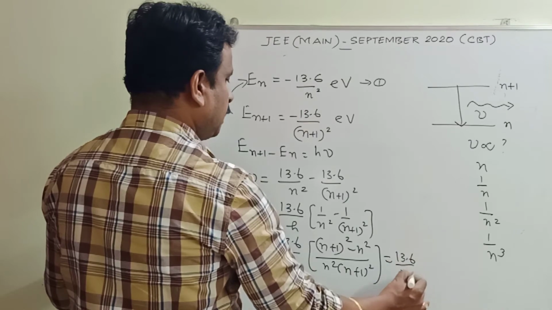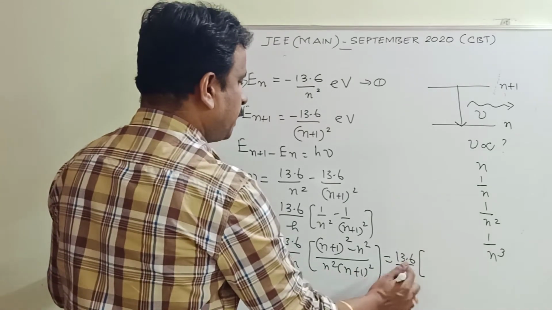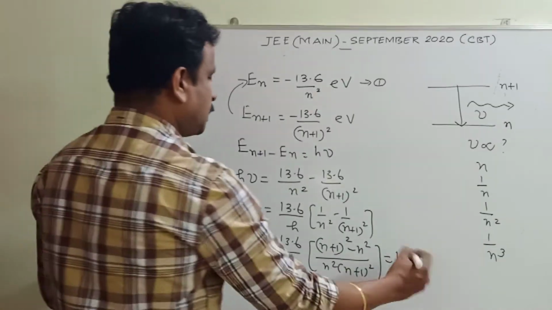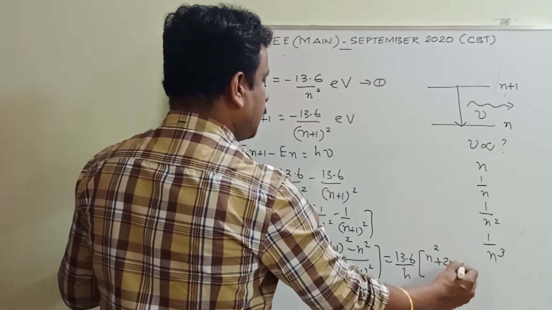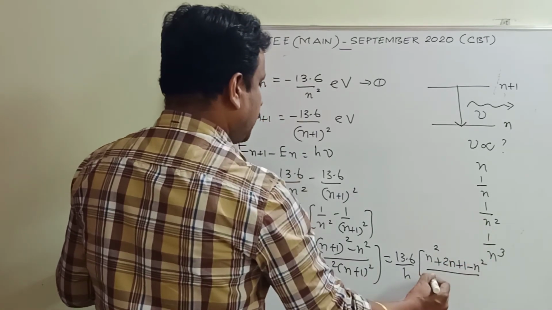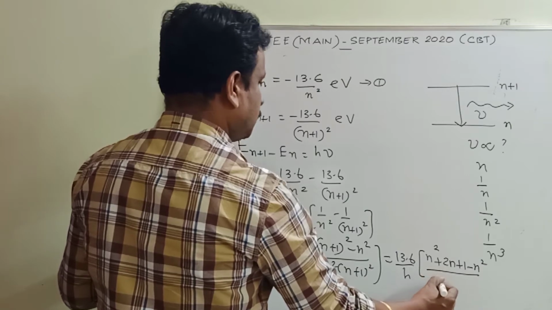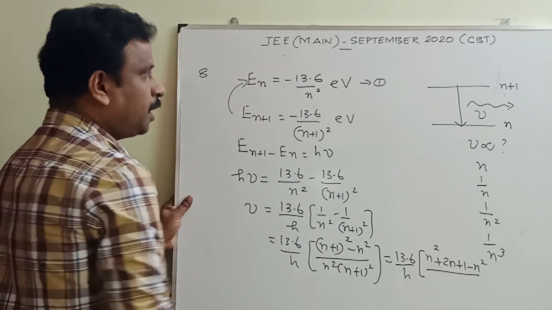This will be equal to 13.6 by h into, you just expand it, n square plus 2n plus 1 minus n square, which is divided by, again you will get, okay. The condition is n is far greater than 1.